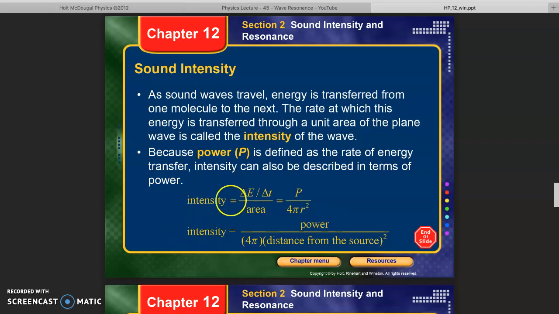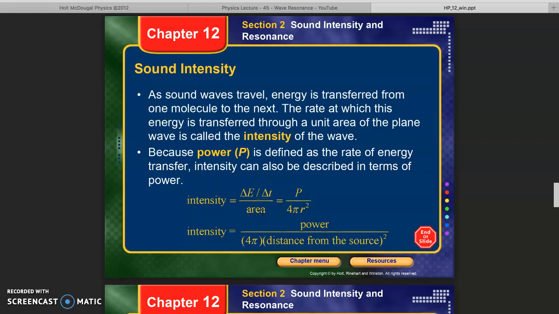Intensity can also be described in terms of power. So this is the formula we're going to be using. The first definition said intensity is equal to the change in energy divided by time over an area. So how fast the energy is moving over an area. Another form of the formula is saying change in energy over time is the same thing as power.